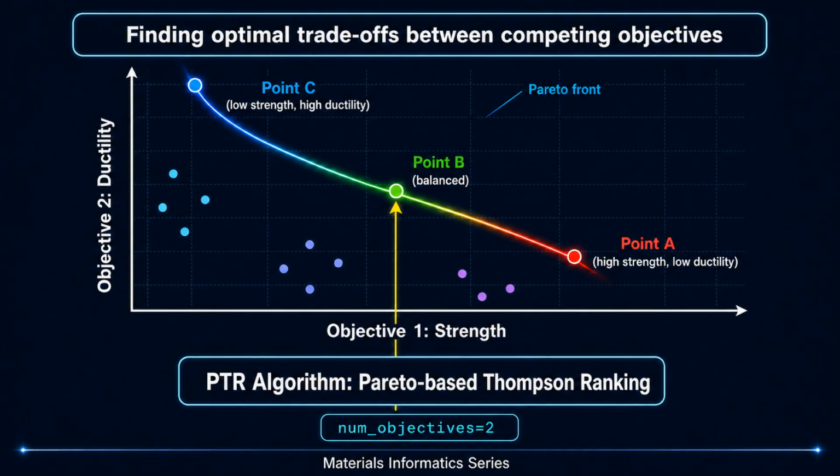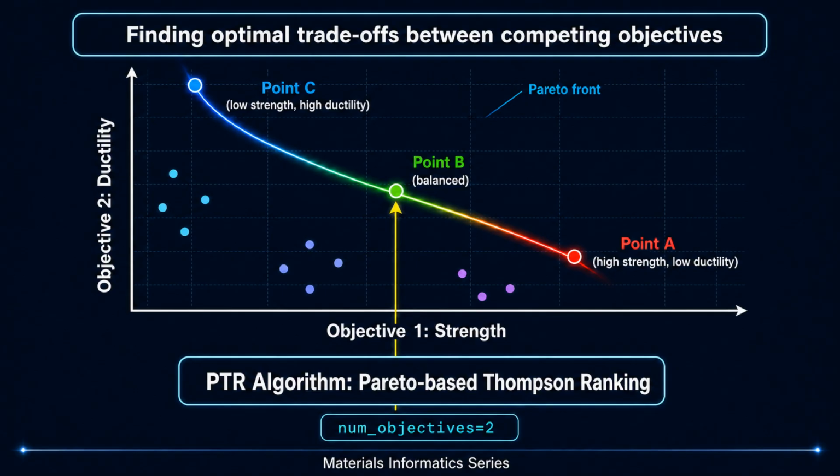Real materials often require optimizing multiple properties simultaneously. For example, you might want to maximize both strength and ductility, or balance energy density with cycle life. This is where multi-objective optimization comes in. The key concept is the Pareto front, the set of solutions where you cannot improve one objective without sacrificing another.